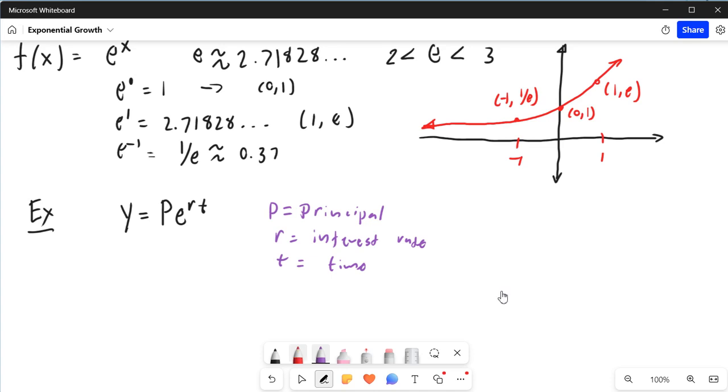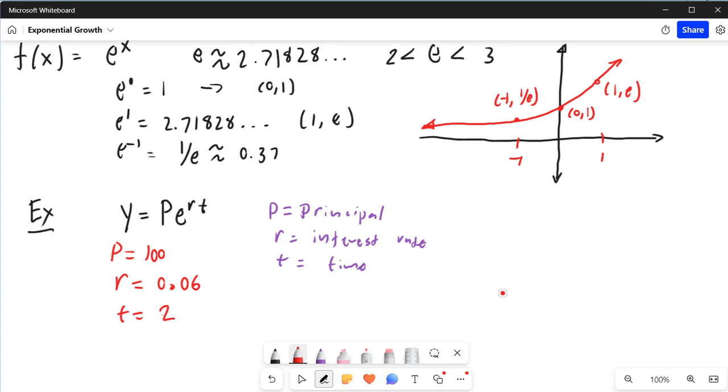So let's say, for example, that you have deposited $100. And the annual interest rate for this one would be, let's say, 0.06, which is 6%. So let's say that this money is going to sit around for just 2 years, for example.